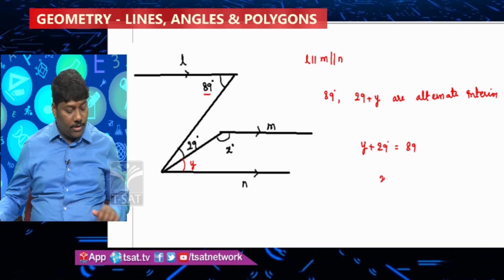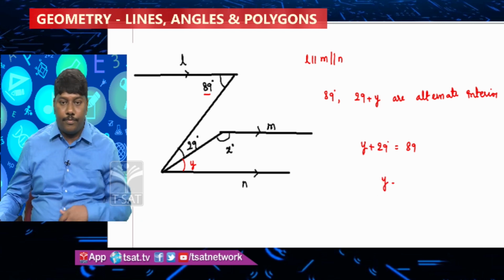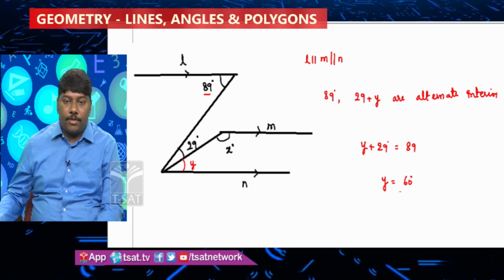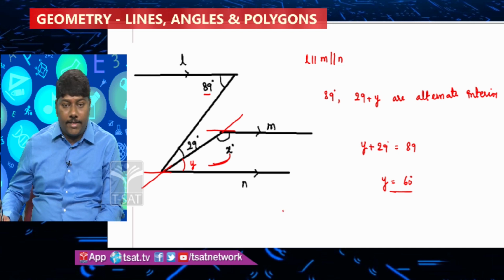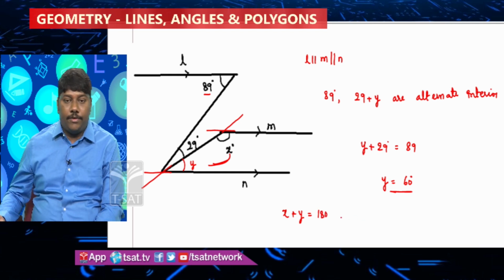Therefore Y is equal to 60 degrees. Now if you look at X and Y, if you expand it a bit, you can understand that they are one side interior angles. They are not equal, but X plus Y is equal to 180 as we mentioned. X plus Y is equal to 180 means X is equal to 180 minus Y, that is 180 minus 60 degrees, which is equal to 120 degrees.